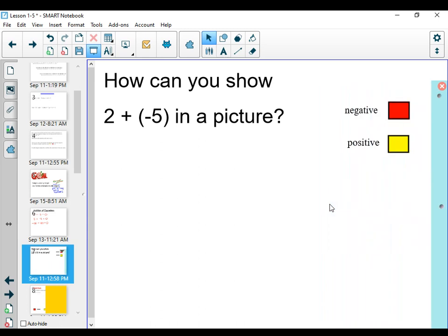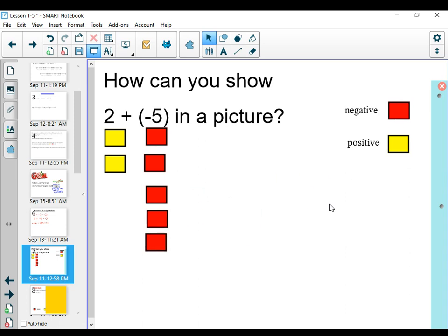I was thinking something like this. If I have 2 positive cubes and 5 negative cubes, notice how I kind of lined them up?